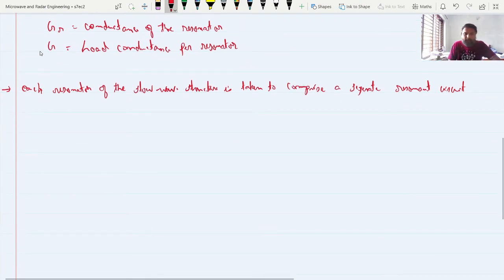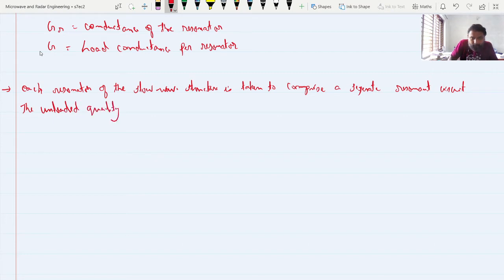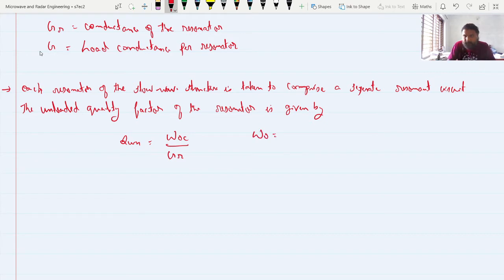So I will write it, the unloaded quality factor Q of the resonator is given by Q unloaded equals omega naught C divided by GR, where omega naught is nothing but 2 pi f naught, the angular frequency.